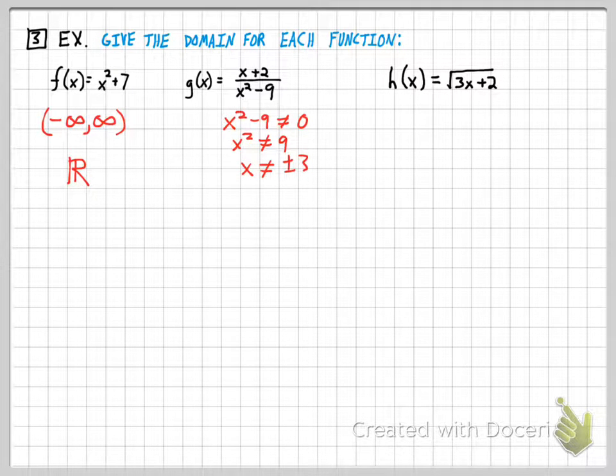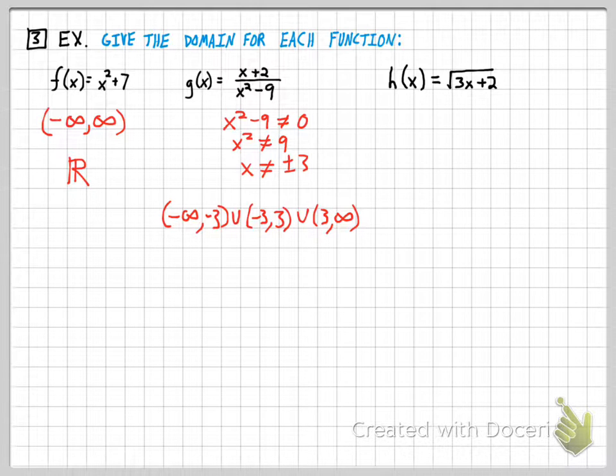If I want to give that answer in interval notation, here's what it would look like. -infinity up until -3, and then everything from -3 to positive 3, and then everything from 3 to infinity. So this would be the interval notation that describes the set of all real numbers except -3 and positive 3.